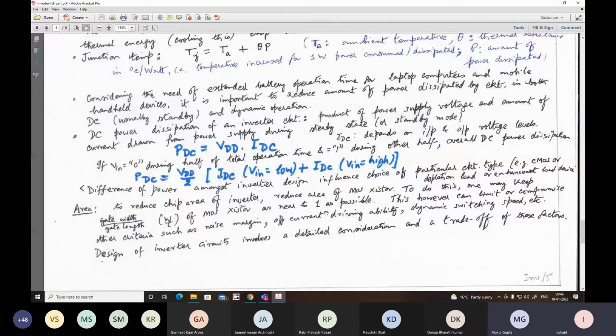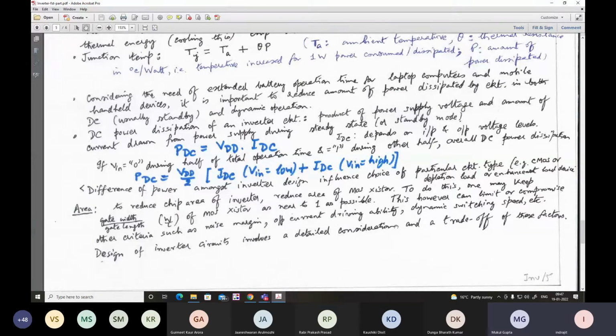That means to attain a particular targeted propagation delay, say TPLH lower than or equal to 2 nanosecond or 3 nanosecond, W should have a minimum possible value in terms of nanometer or micrometer. If you bring W below that, then the propagation delay will increase and we will miss the target.